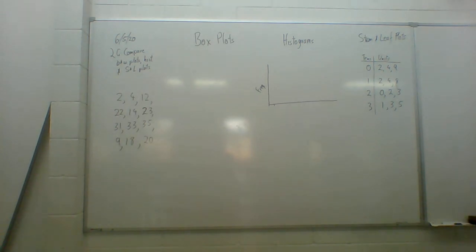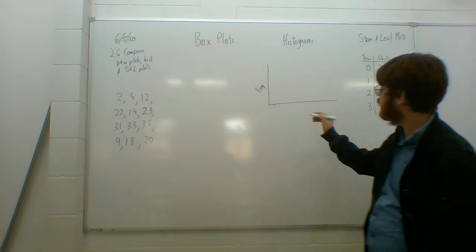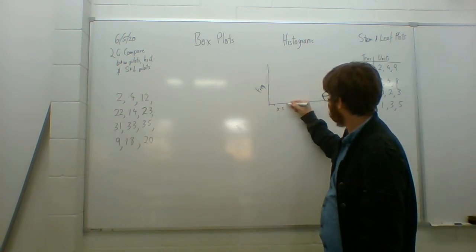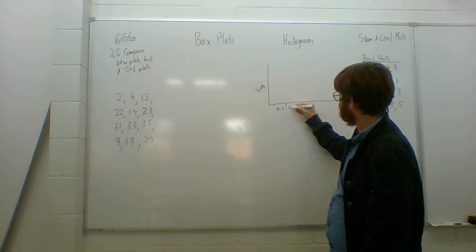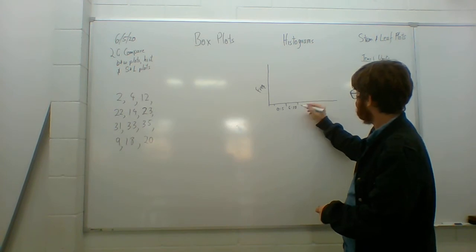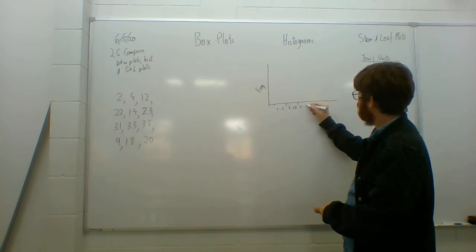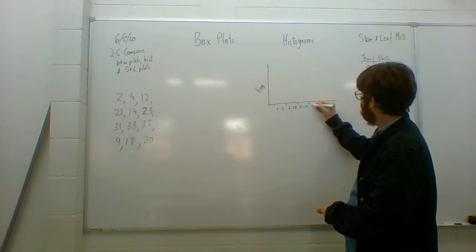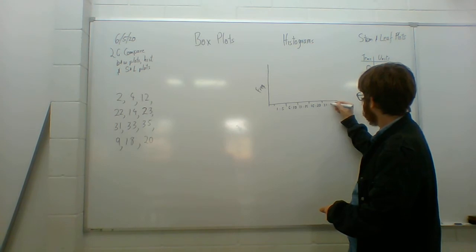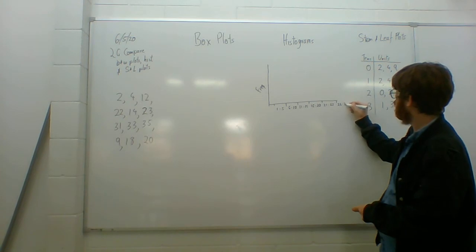Because this is perfectly even, I'm going to split this into 1 to 5, 6 to 10, 11 to 15, 16 to 20, 21 to 25, 26 to 30.